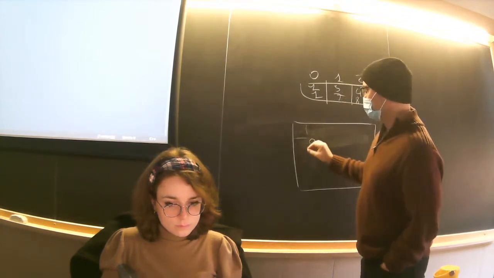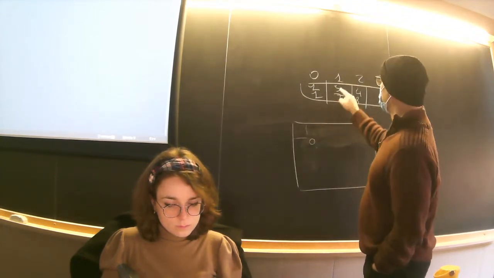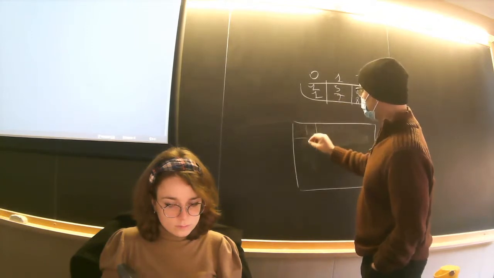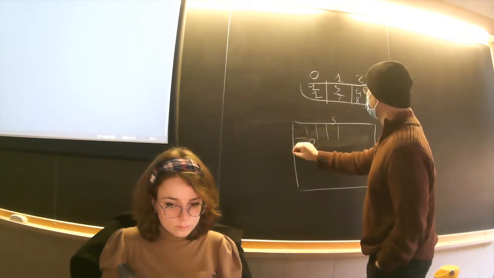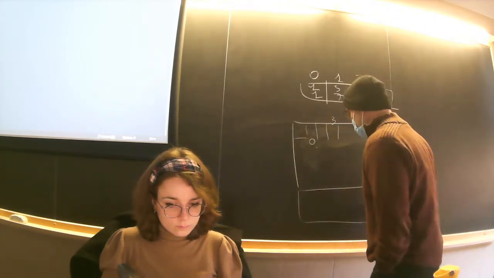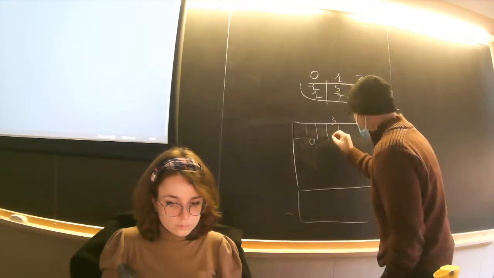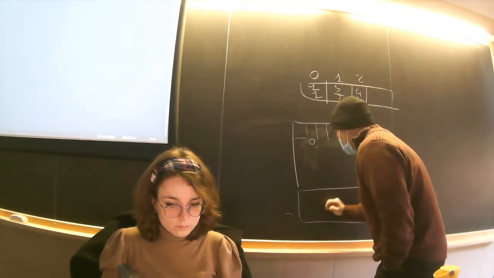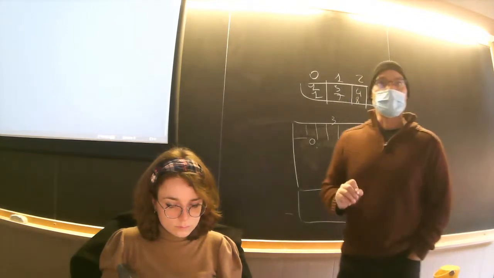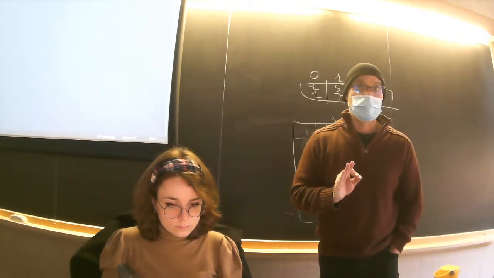This is the position 1, 1. In position 3, 7, so 0, 1, 2, 3, it's far below, but this is position 7. So in this location over here, I would put the number 1. Okay, guys? Is that clear?